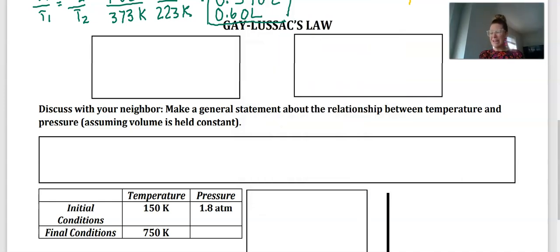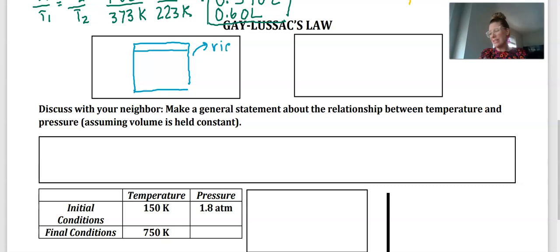So what I wanted us to do, looking at these boxes up top here, is think about, in terms of a container, what this looks like. If I have a container here, the volume is constant. So this is a rigid container, which means that the shape cannot change. My volume cannot change.